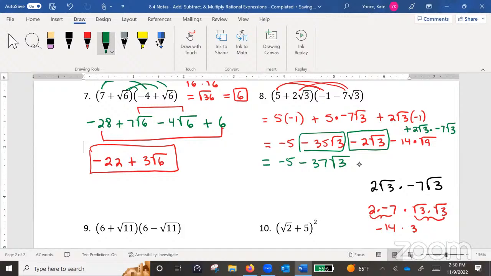We just did these two for now, right? And then back here we have minus 14 times square root of 9 is 3, right? I just kind of took an extra step there. So 14 times 3 back there is what? Okay, minus 42.